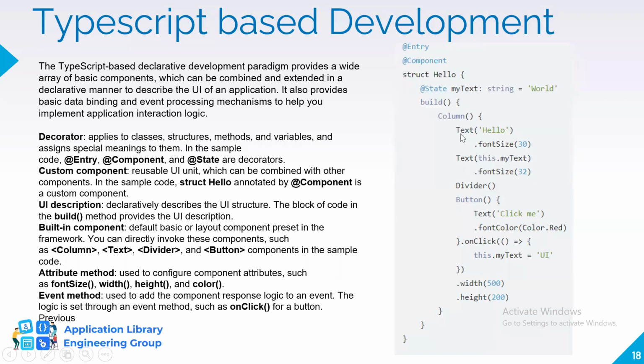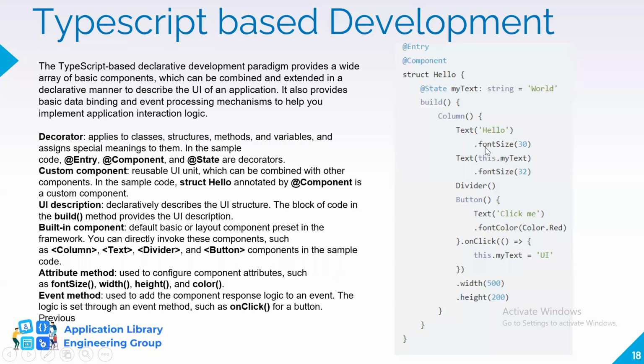Okay. As I said, in UI description, the complete UI structure is built within the build method. And within the build method, if you see, some of the basic components are used, like text, button, divider. The basic components provided by the framework are used. One more observation is, for each component, the attributes are also set.